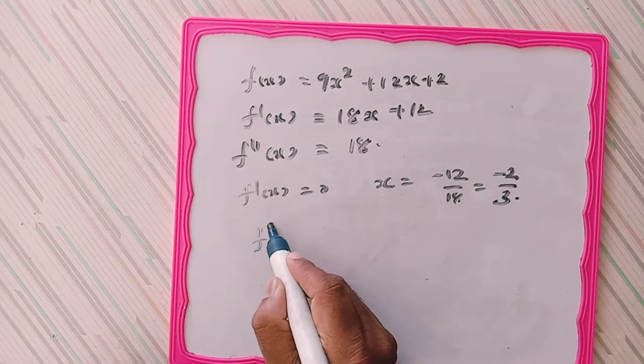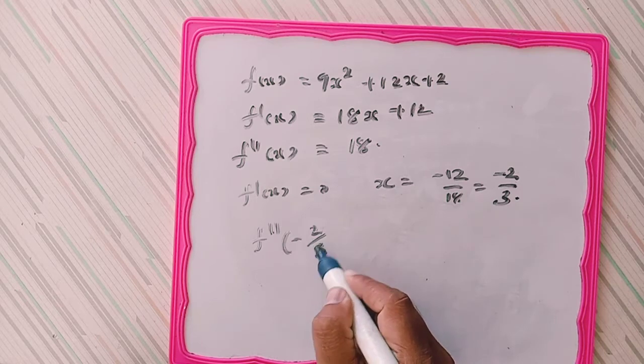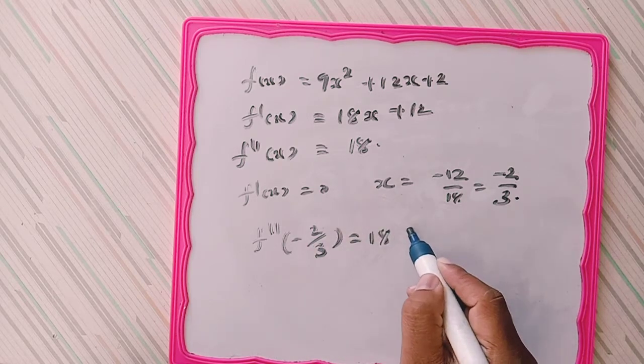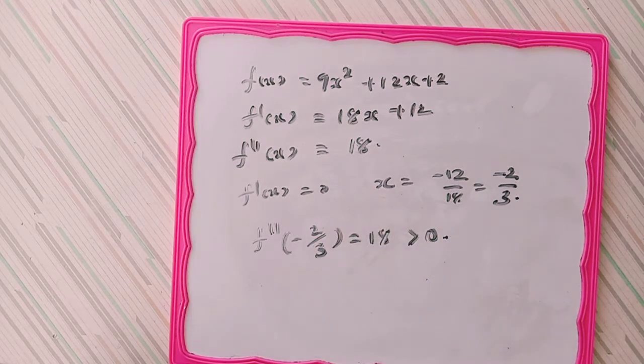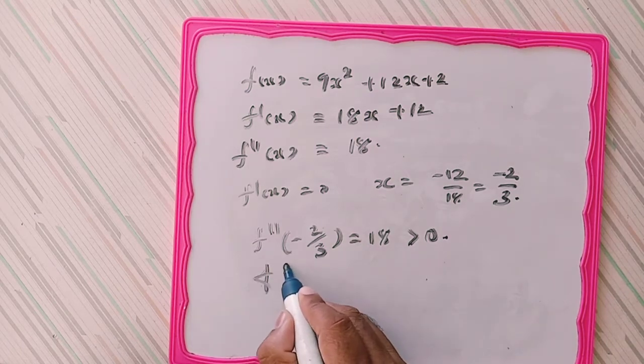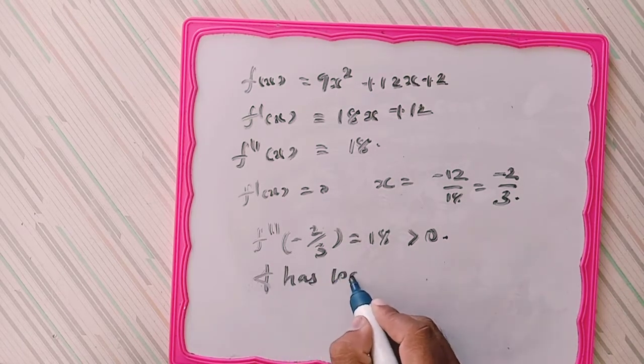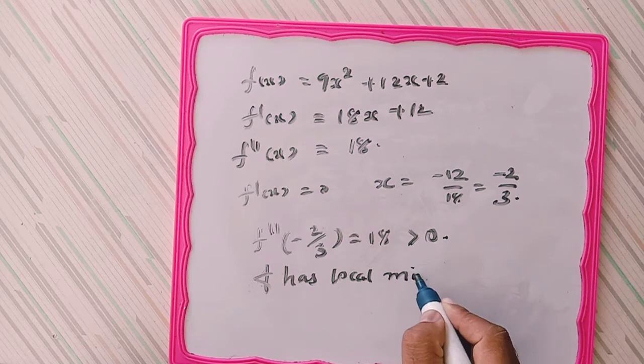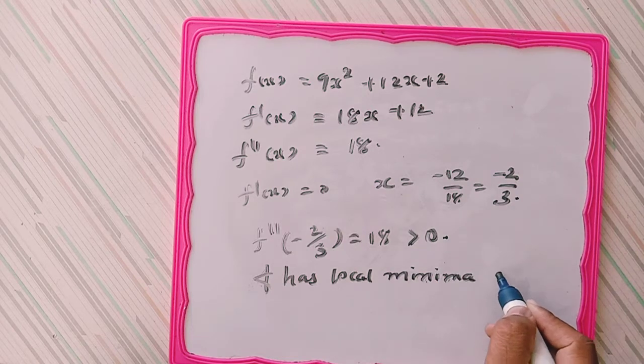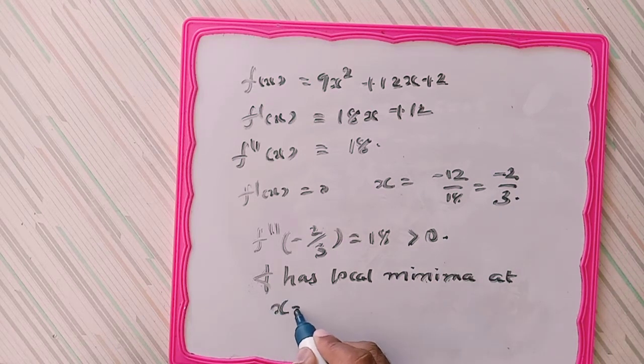And f''(minus 2 by 3) is equal to 18, which is greater than 0, and so we can say that f has local minima at x equals minus 2 by 3.